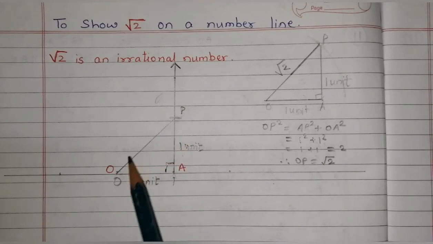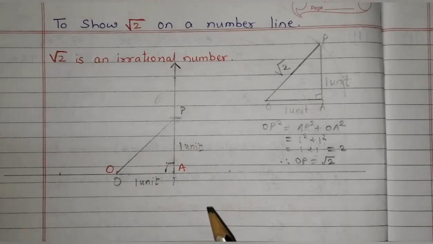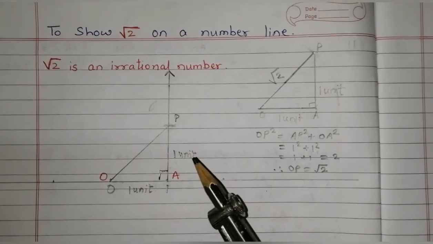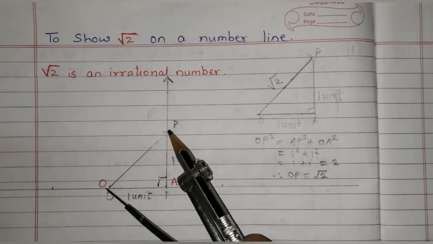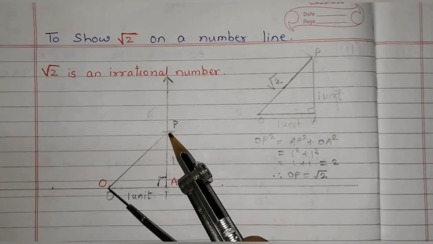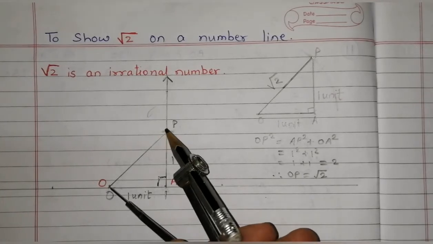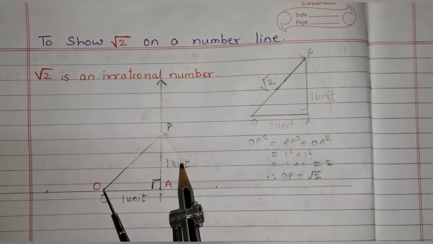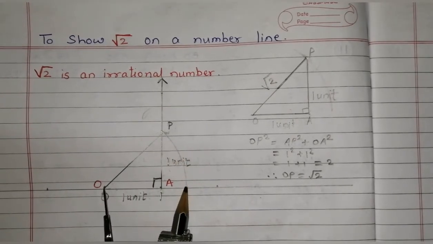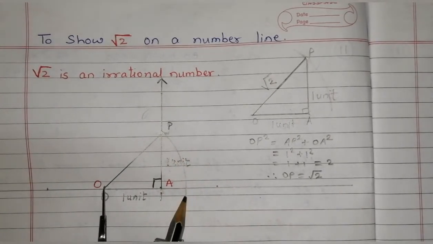So here OP is root 2. So that distance we will measure with the help of the compass. And we will keep it at P and we will draw the arc up to the number line.